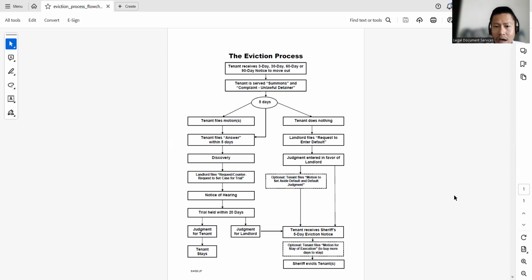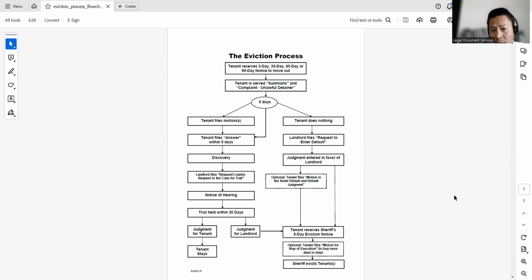Okay. On the other hand, if after 5 days the tenant didn't do anything, then the landlord would file the request to enter default. So that's for default judgment. And the judgment would be entered in favor of the landlord.